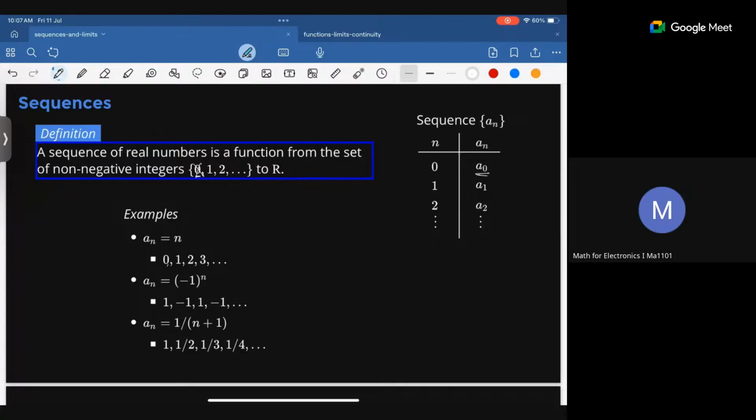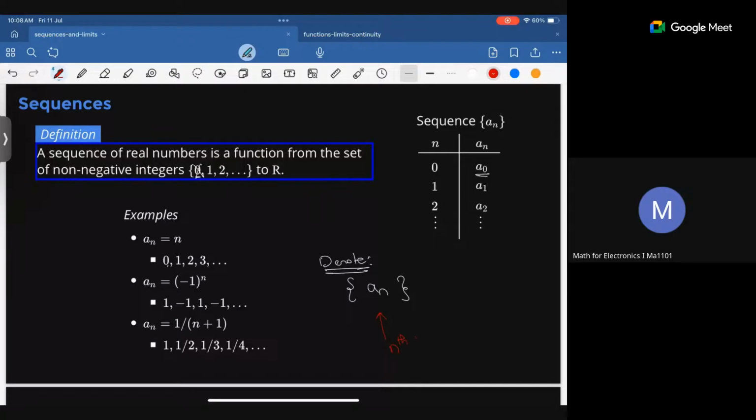All right, and the general representation of a sequence is like this. We denote a sequence like this, where a_n inside the curly braces denotes the nth term of the sequence. This is one way of denoting a sequence. When we write a_n within curly brackets, it implies that we are talking about a sequence, not just a number.